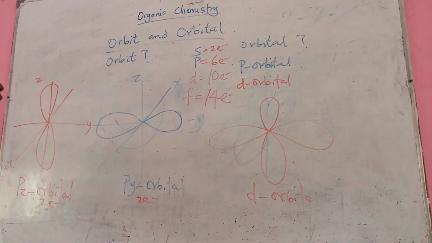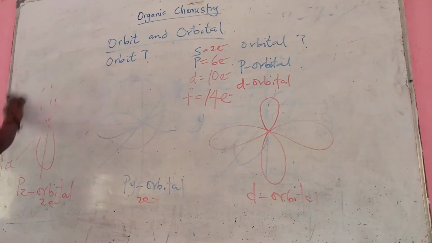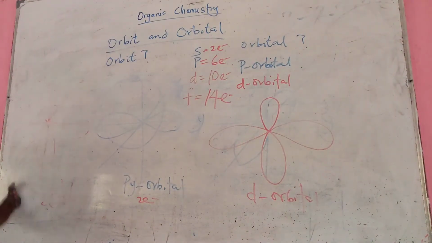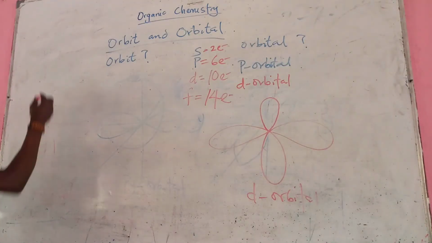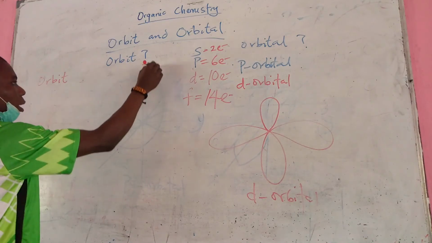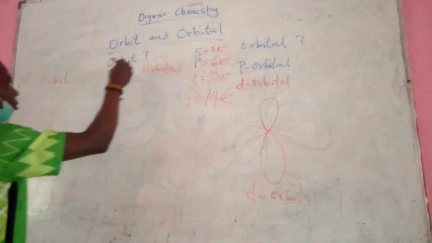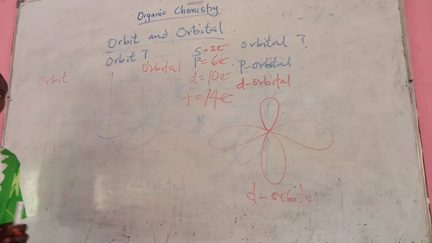It is very clear now. Let's have this table. Orbit, then orbital.